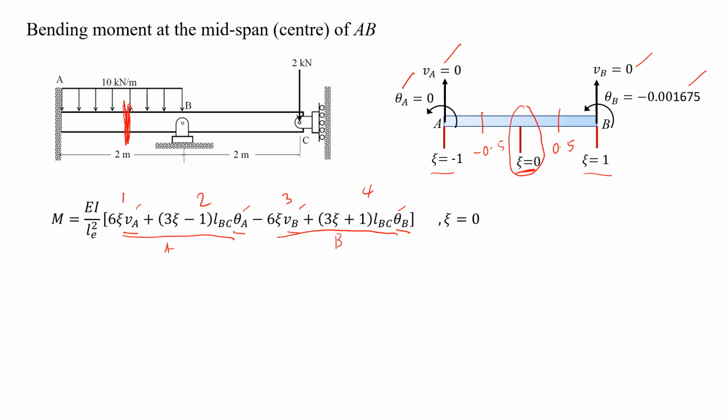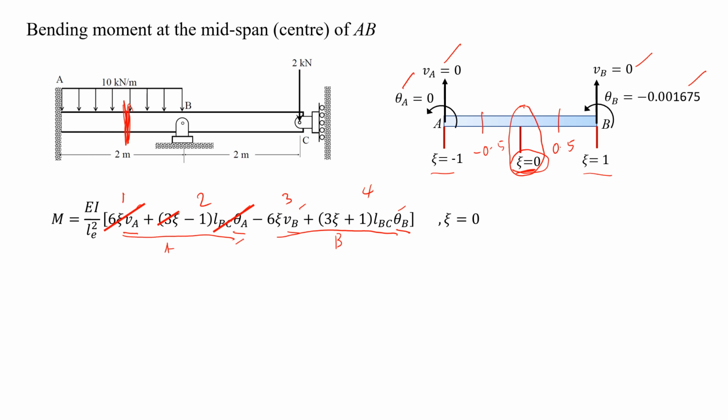Next, we have to check this equation. We know that vA is equal to 0, and as we would like to calculate the value in the middle, zeta is also equal to 0. So in this case, we can eliminate the first term as vA equal to 0. For the second term, zeta is equal to 0, so we can eliminate it, as well as theta A also equal to 0.